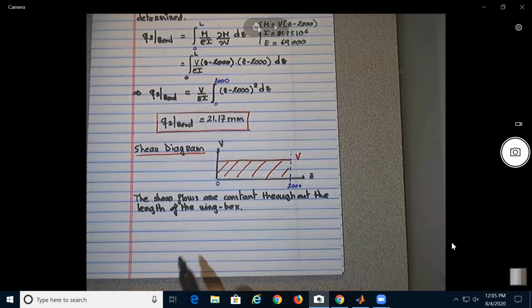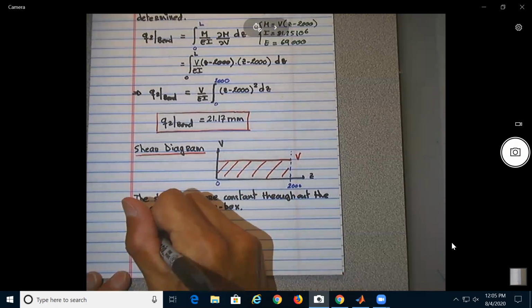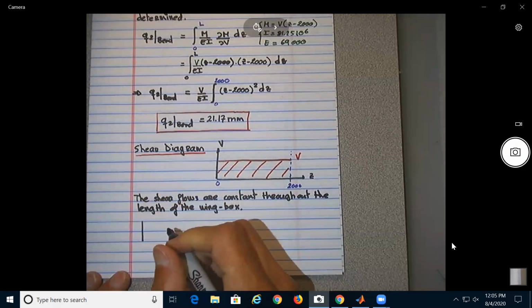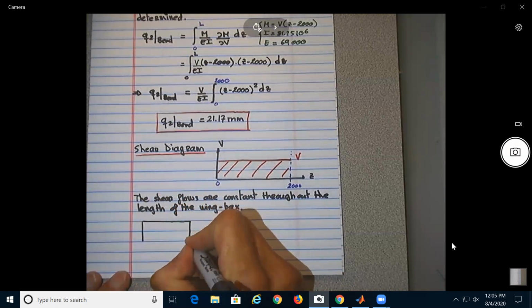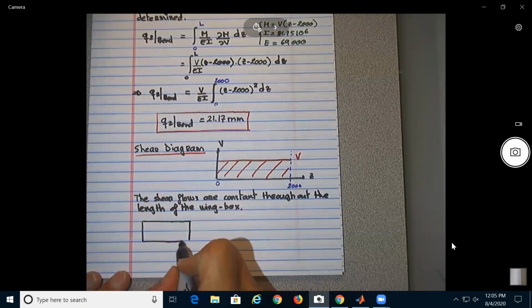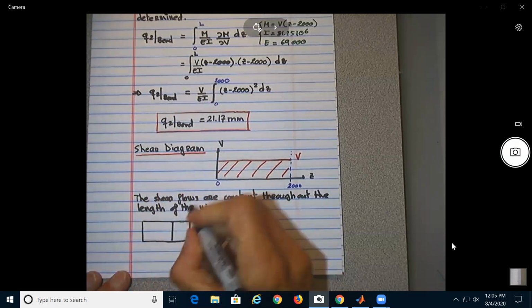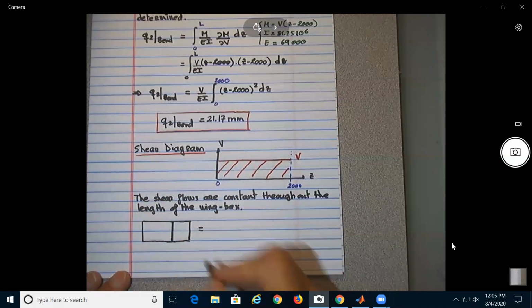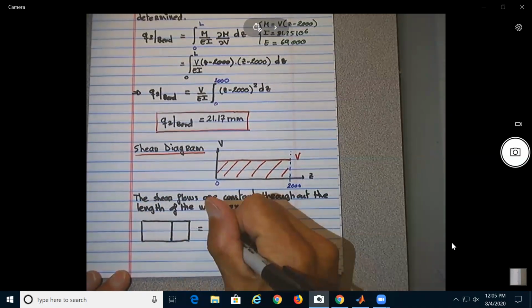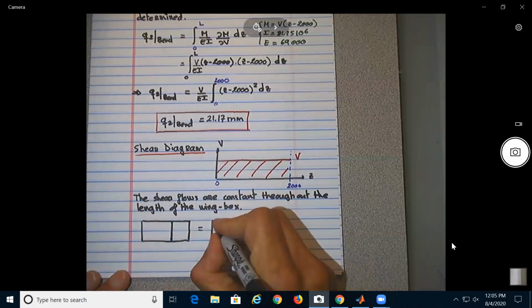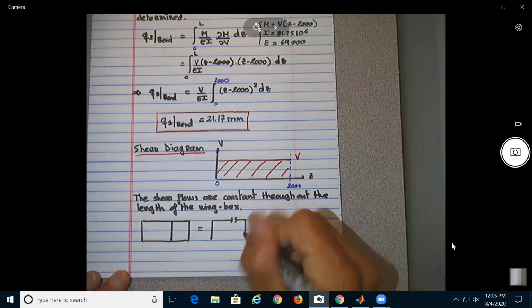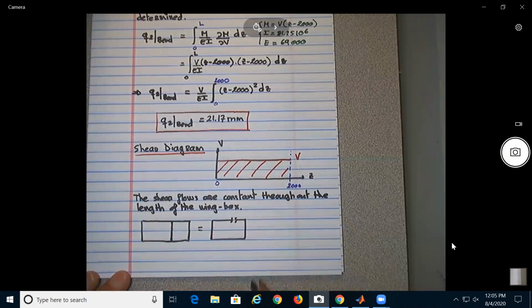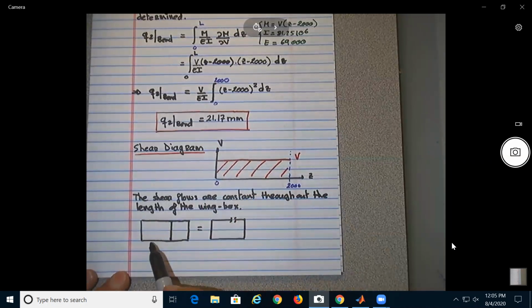Okay, so now what do we need to do? We need to do the general procedure. We're first going to make two cuts, because if the cross section is closed, we don't know where to start.